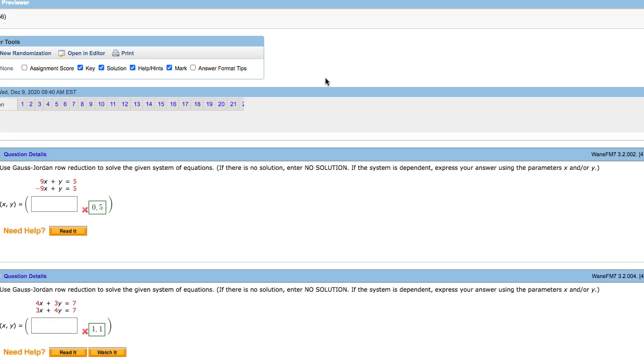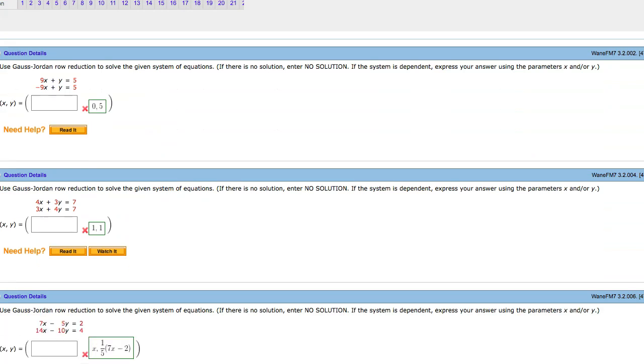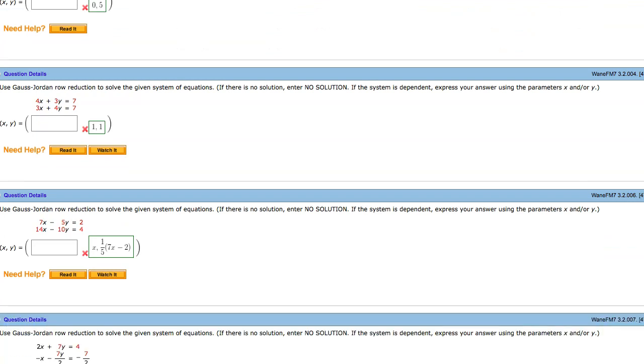Guys, they ask you to do this the same old way we've been doing it. You don't really need to do a change of the guard. Number 3 is infinitely many solutions. Number 4 is no solution.